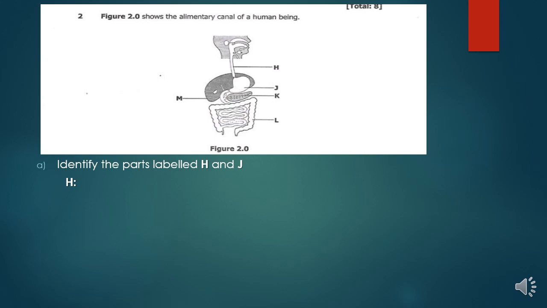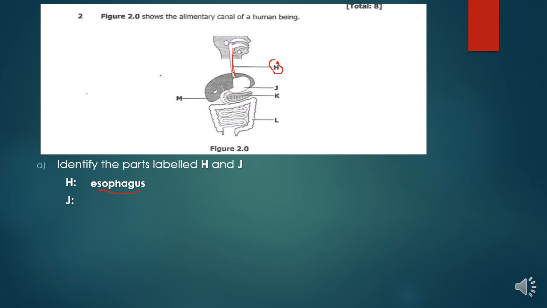The part labeled H is situated along this tube running from the mouth to the structure labeled J. Structure H is the esophagus.